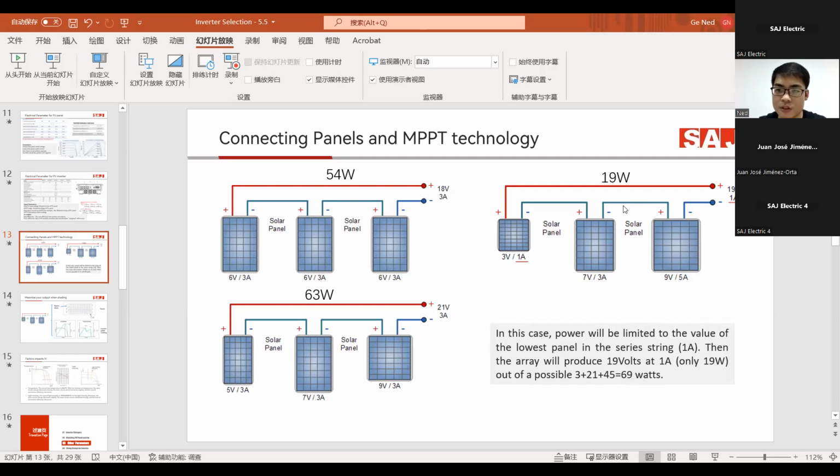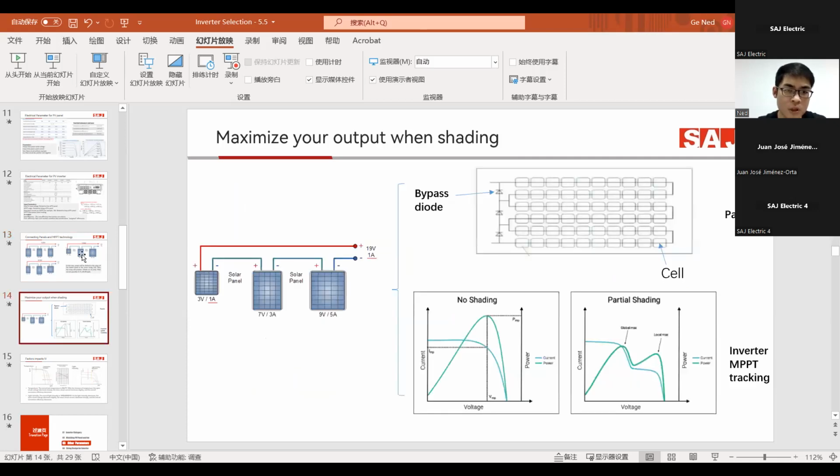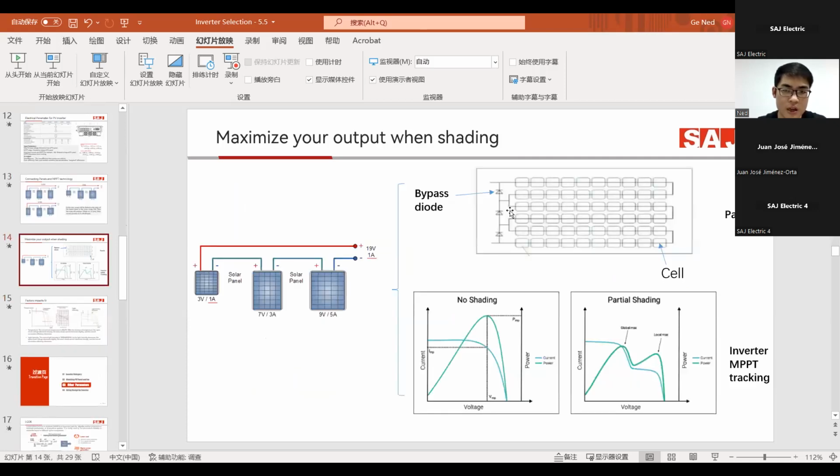So when you series connect different power generation panels together, the power will be lost and limited. So how do we solve this problem? On the PV panel side, in the internal circuit, the PV panel will have a bypass diode design.